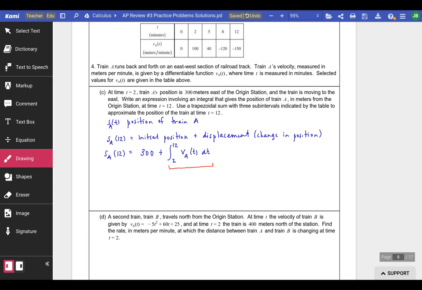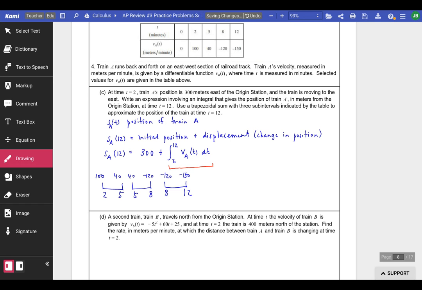I'm just looking at the interval from 2 to 5, from 5 to 8, and from 8 to 12. And trapezoidal means I do need to consider both endpoints. So at 2, it's 100, 5 is 40, 8 is negative 120, and then at 12, I have negative 150.